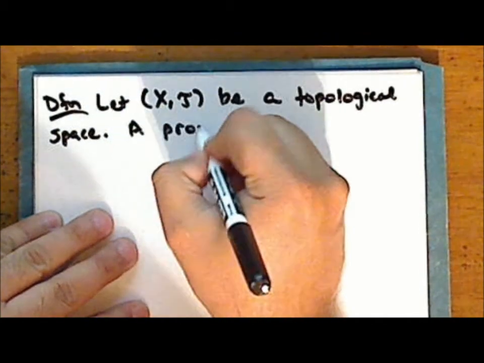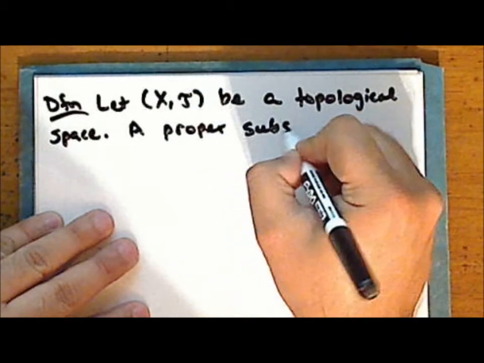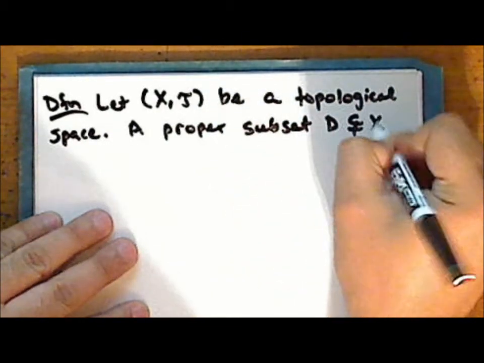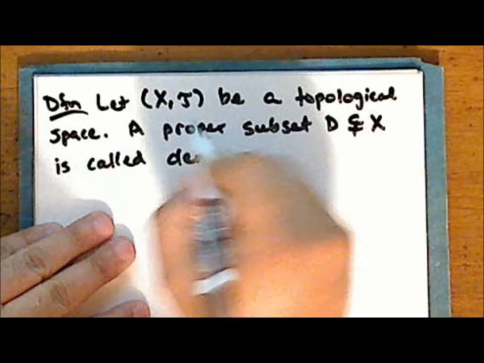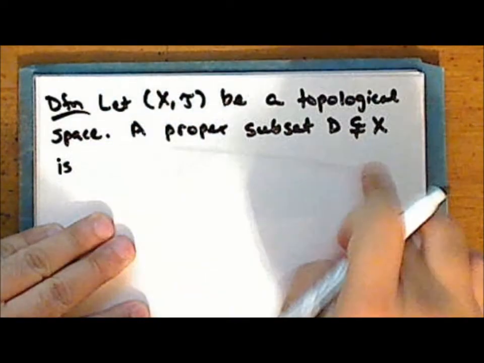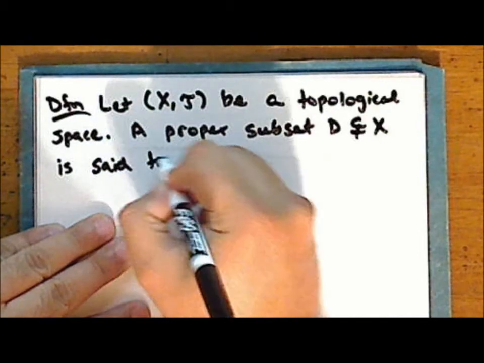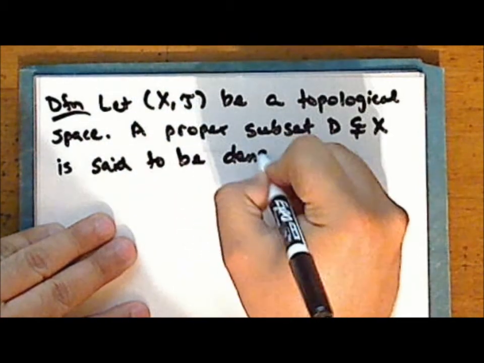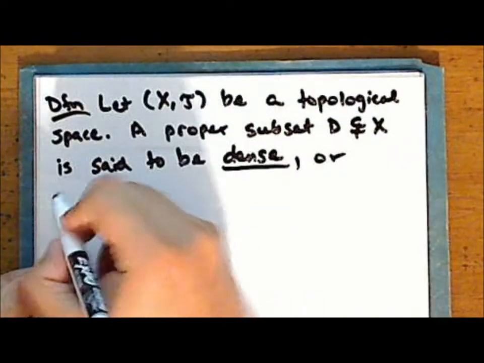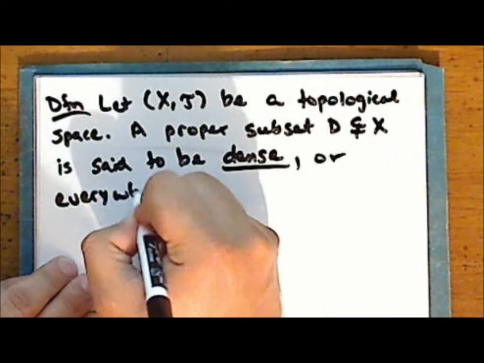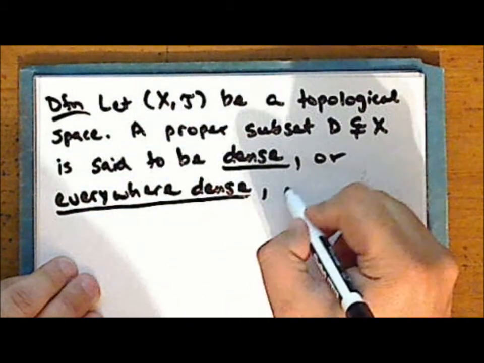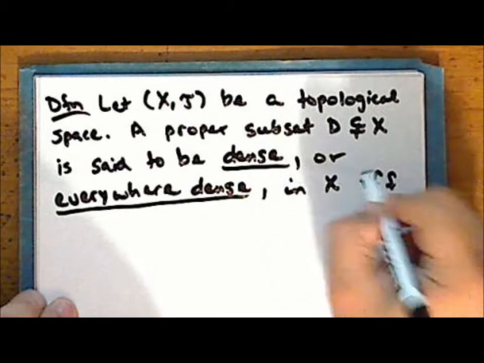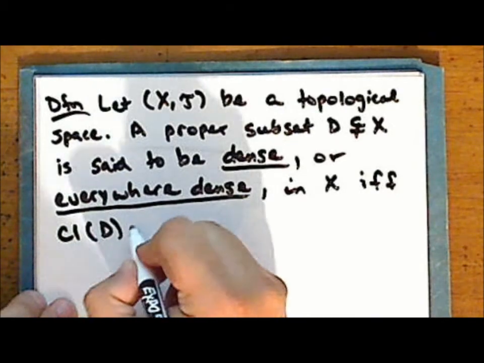A proper subset D of the space X is called dense, or everywhere dense, in the space X if and only if the closure of the set is the entire set X.